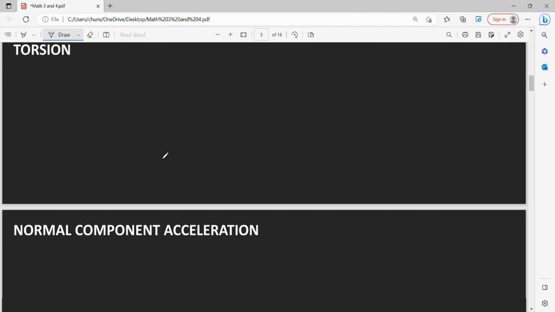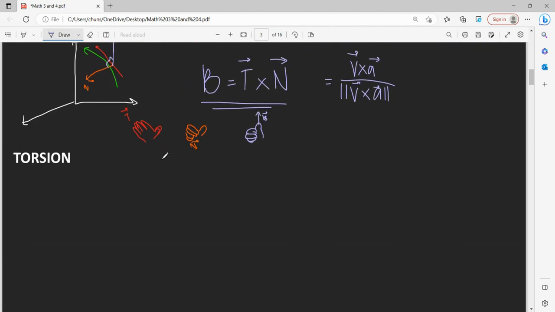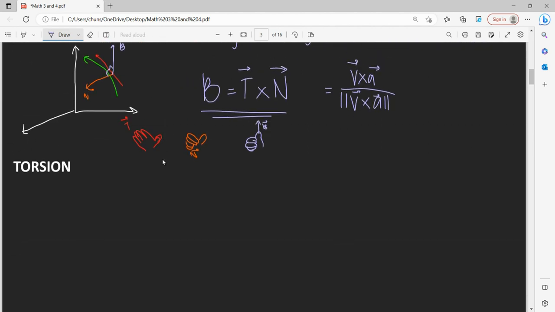Okay, and last couple parts of our curve, we have torsion.